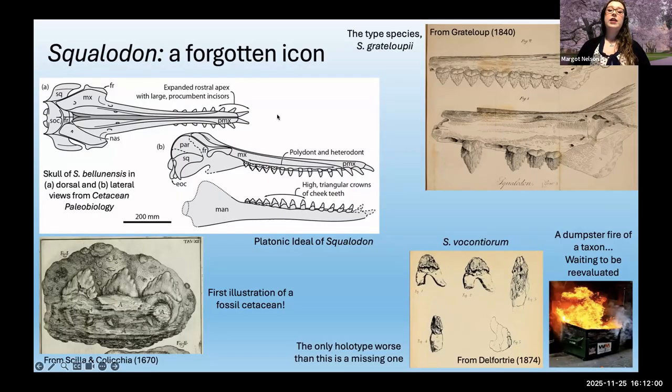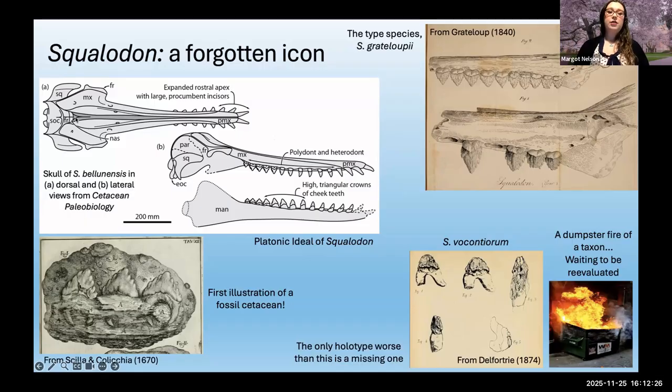We have an idea of what Squalodon looks like. We have this platonic ideal: Squalodon is a dolphin that's about medium size, and it has differentiated teeth along the tooth rows. So we have teeth that are split into something that resembles incisors, something that resembles premolars, and something that resembles molars.